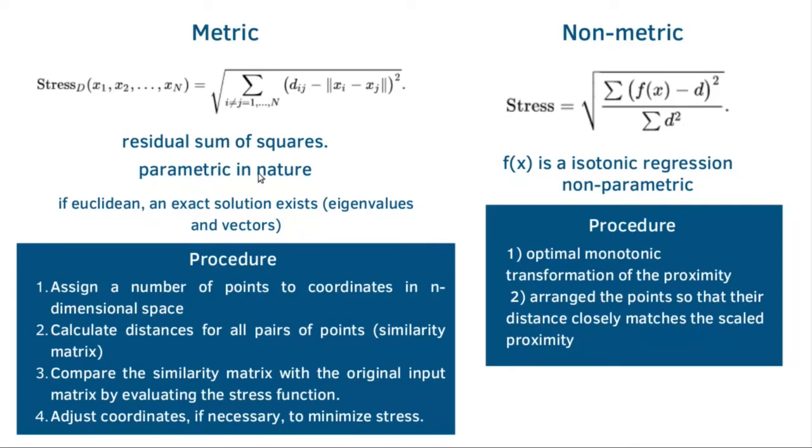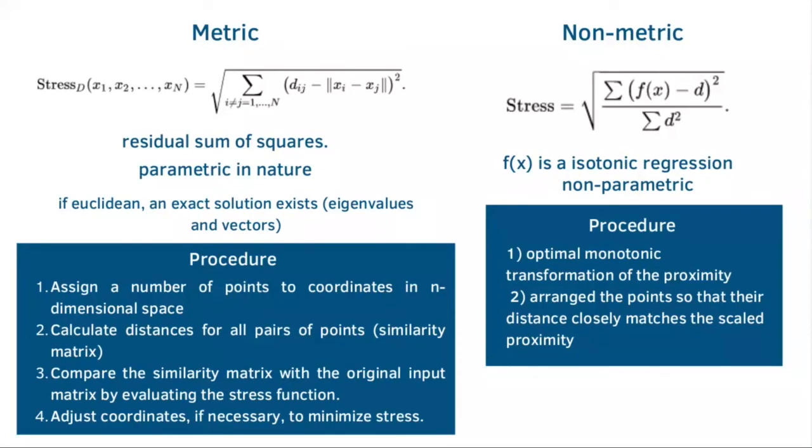So then it adjusts the coordinates as needed in order to minimize the stress function. If it's non-metric, it does the same procedure, but because it minimizes a different function, it calculates this extra term on top, this function of x. And the function of s is going to be isotonic regression.